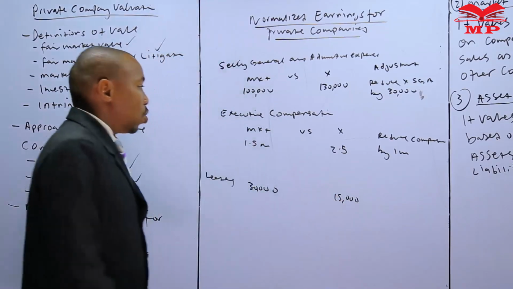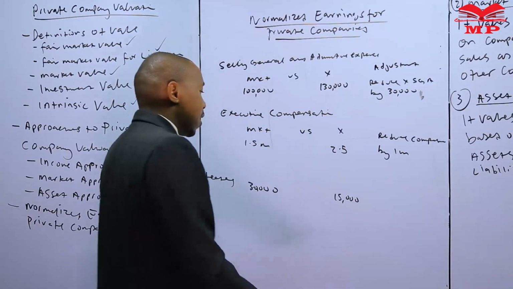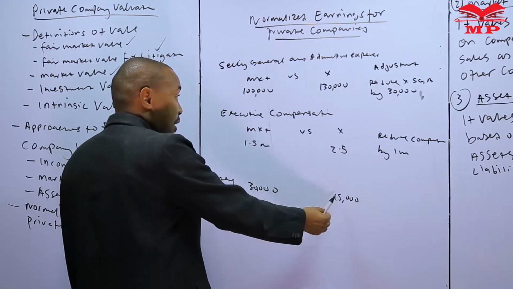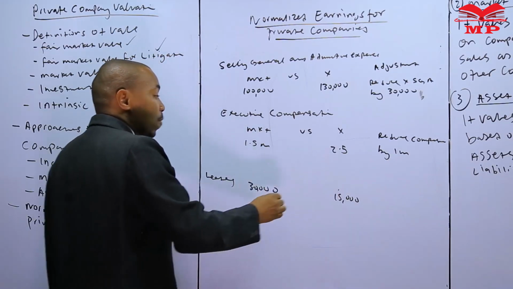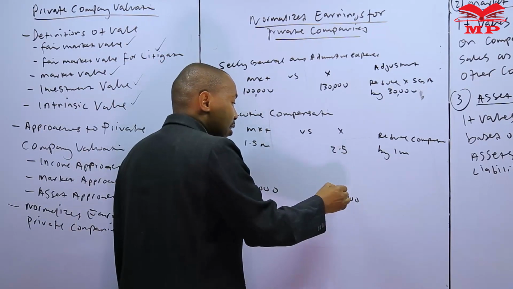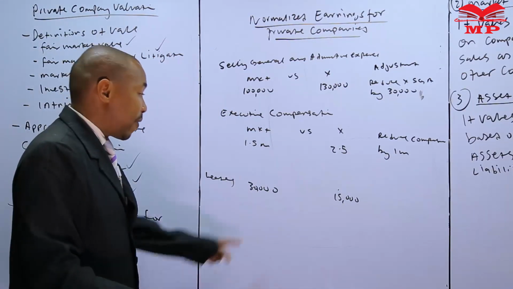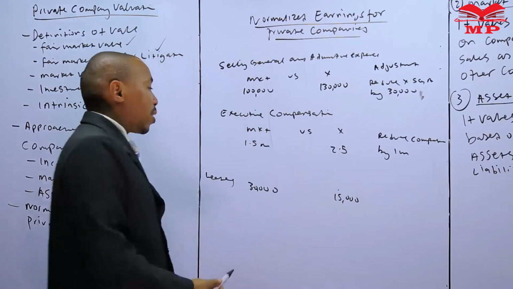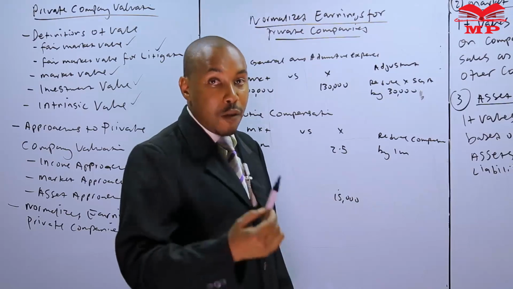So what we're supposed to do as part of this adjustment column is to increase this. We're trying to make sure that this one is similar to that of the market. So we increase the lease component by 15,000, so that we can ensure it is similar to that of the market. That is how we normalize the earnings for private companies.